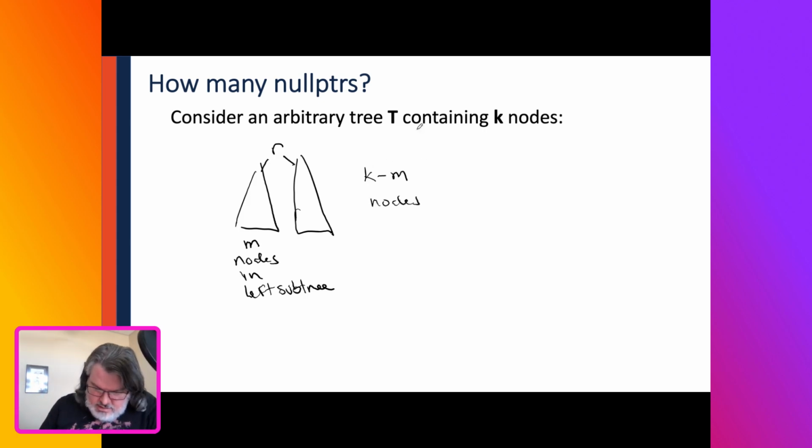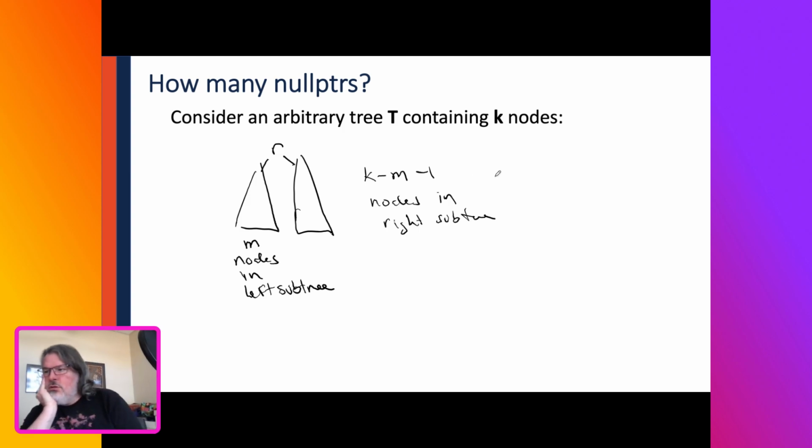Minus 1, yeah, because we have a root. Okay. So we have m in the left and k minus m minus 1 in the right.